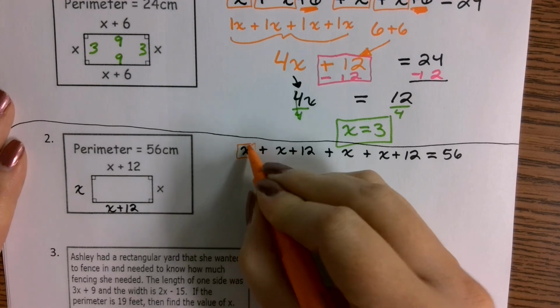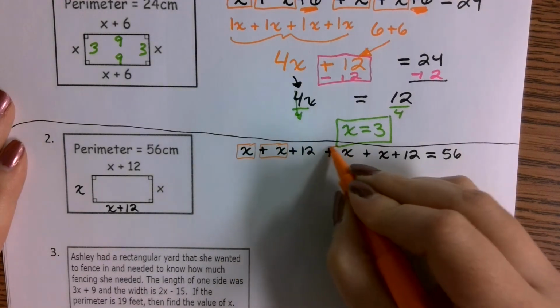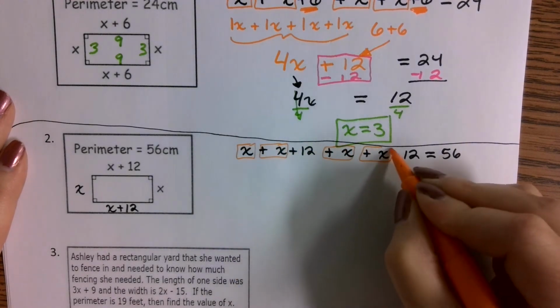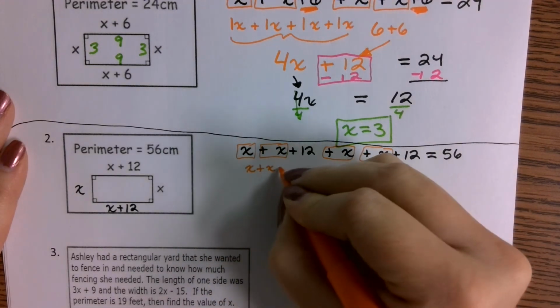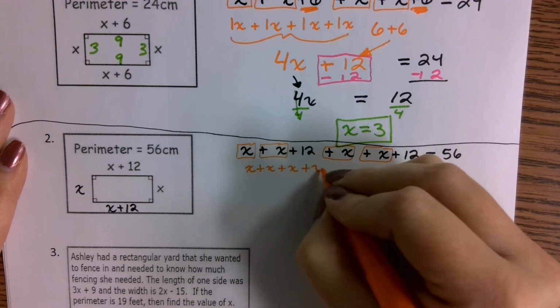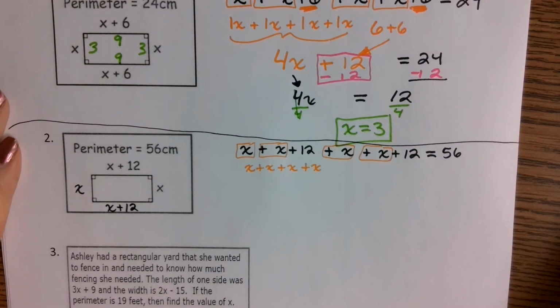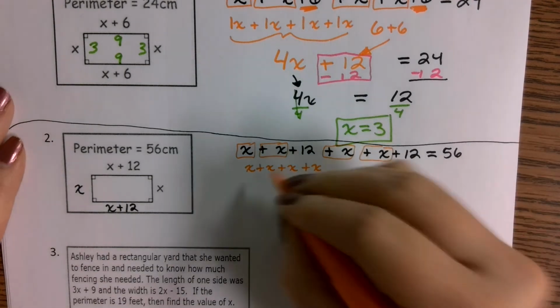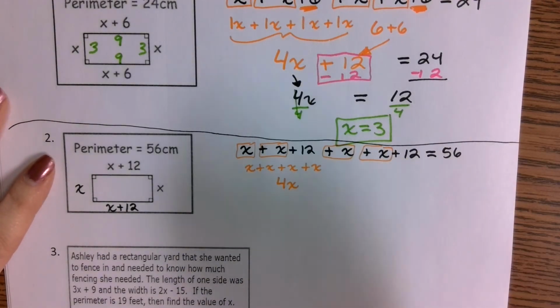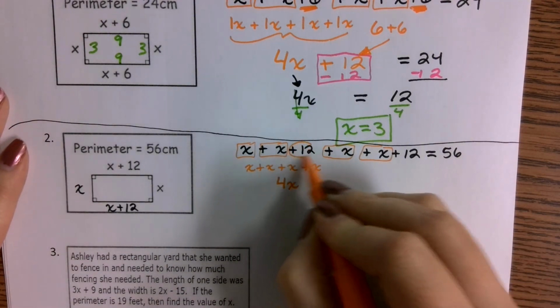So we've got x plus x plus x plus x. What are those x's going to come out to? If we do x plus x plus x plus x, what does that equal? X plus x plus x plus x. 4x.